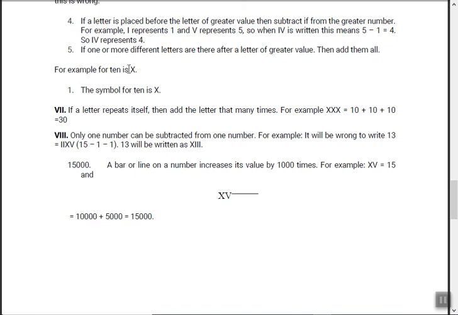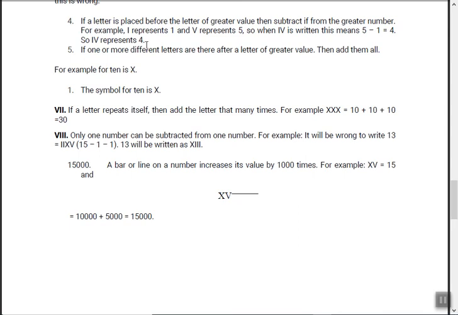10 is written as X, therefore the symbol of 10 is X. If the letters repeat themselves, then add the letters that many times. For example, XXX means 10 plus 10 plus 10, that is 30. Okay, before that, tell me how is 9 written? So 9 is written as 1 less than 10, IX.